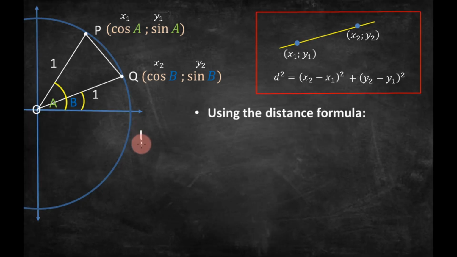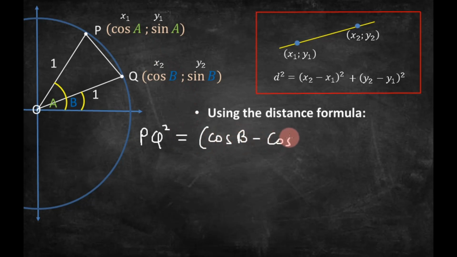So then PQ squared will equal x2 minus x1 all squared plus y2 minus y1 all squared. We can square out both sets of brackets.